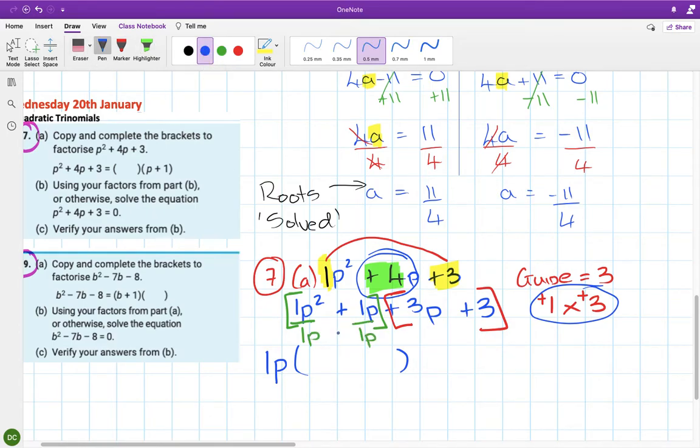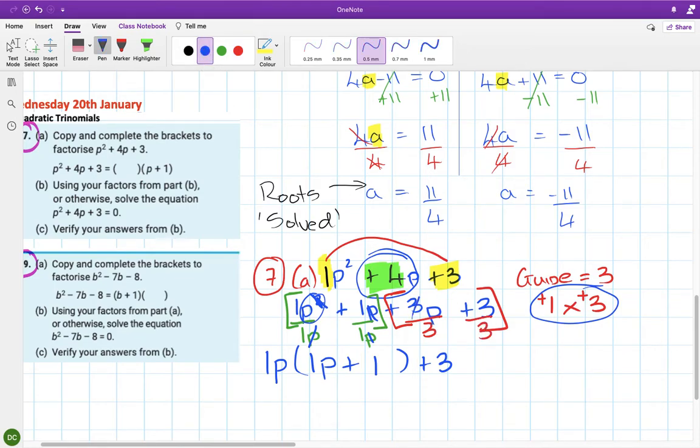Okay, so 1 divided by 1 is 1, you don't have to write it. P squared divided by p, so this will cancel with one of these, leaving just p behind. Here the p's cancel and 1 divided by 1 is 1. Okay, common in the red bracket is 3, and then we're going to divide by 3, divide by 3.